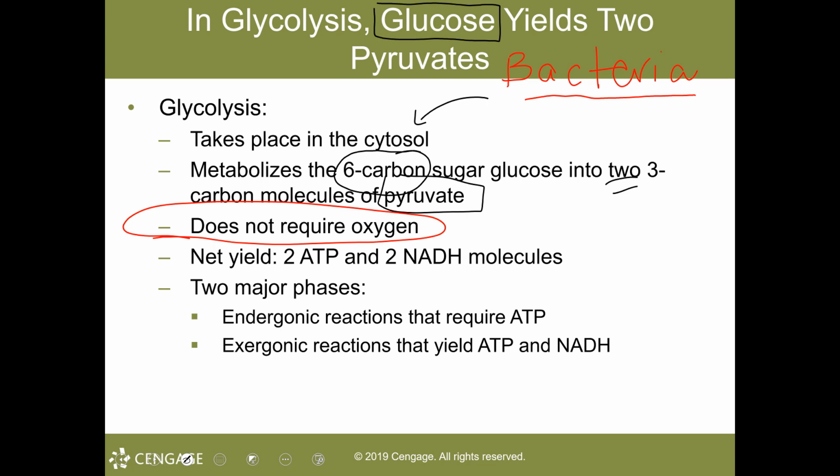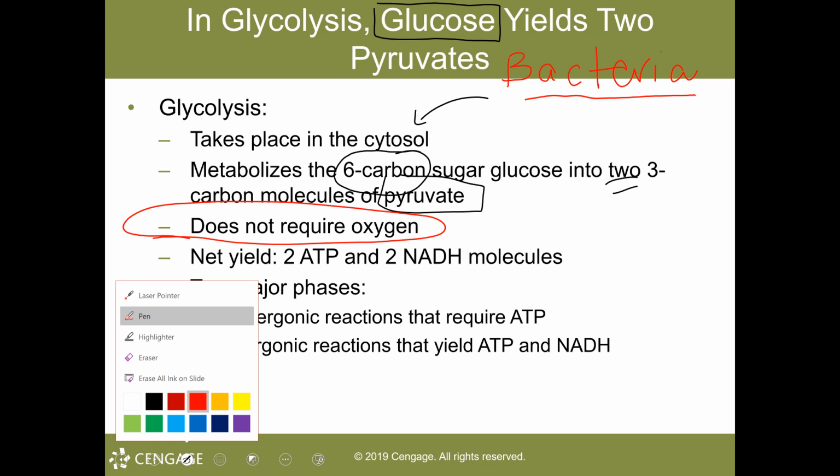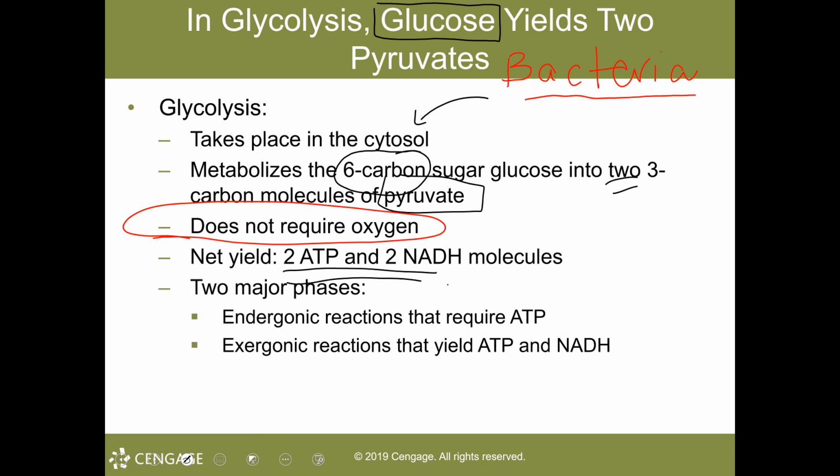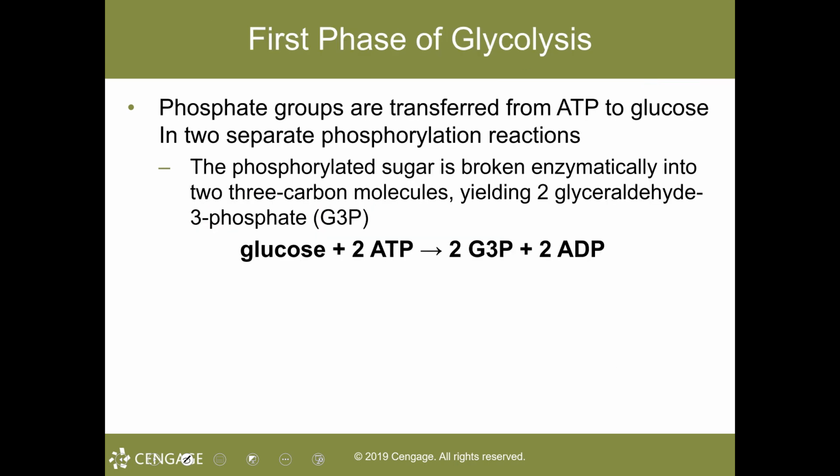In the meantime, the process yields 2 ATP and 2 NADH. So we invest energy, and we also yield energy. This is glycolysis. As it states, the energy investment phase takes 2 ATP to split glucose into those two G3P, glyceraldehyde 3-phosphate.